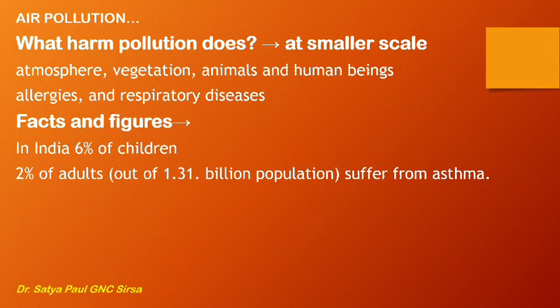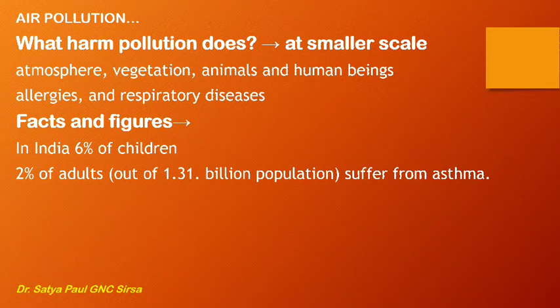If I talk about India, there is a study of 2018 in which it has been written that in India 6% of children and 2% of adults, out of 1.31 billion people, are suffering from asthma. Asthma, both pronunciations are correct.